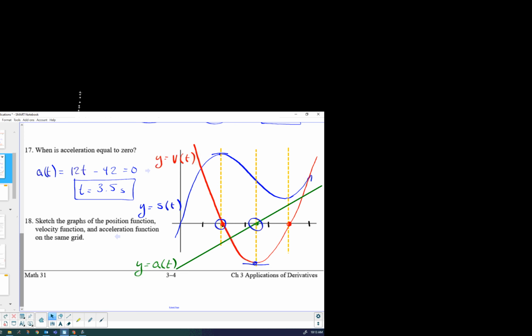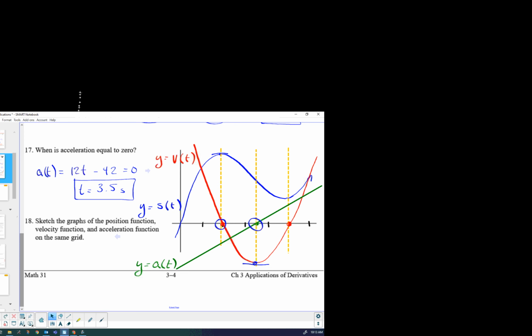If we go back to our blue graph, the cubic there, and we think of the slope, as I go from left to right, at a time of 0, I have this positive slope, but it decreases to 0 at 2 seconds. So did it speed up or slow down? It slowed down. And then it goes negative, but in terms of speed, it'll be speeding up because we're increasing the size of the slope.